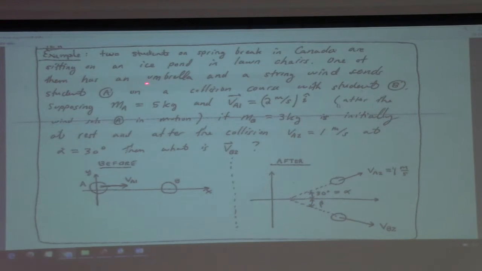One of them has an umbrella, and a strong wind sends student A on a collision course with student B. Mass A is 5 kilograms, and he has a velocity of 2 meters per second after the wind sets A in motion. If mass of B is 3 kilograms, initially at rest, and after the collision, the velocity of A2 is 1 meter per second at 30 degrees, what's VB2?